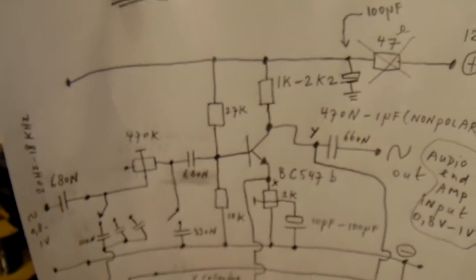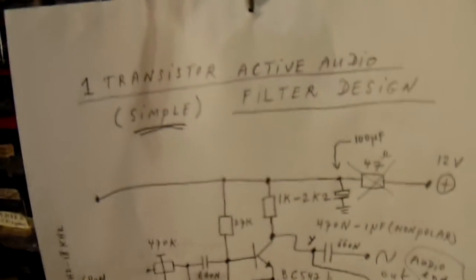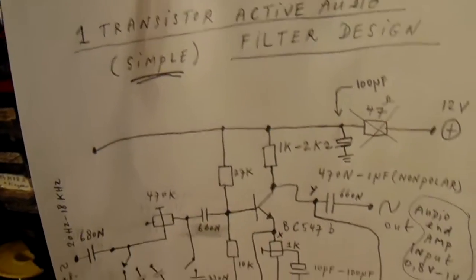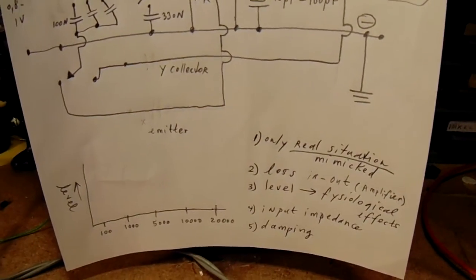So, in fact, we have now made a circuit in which we can set three sound patterns, sound characteristics for your home audio set when you want to make such a circuit yourself.